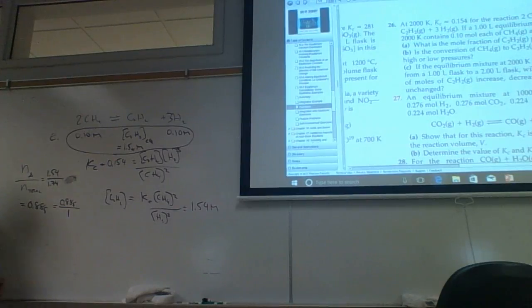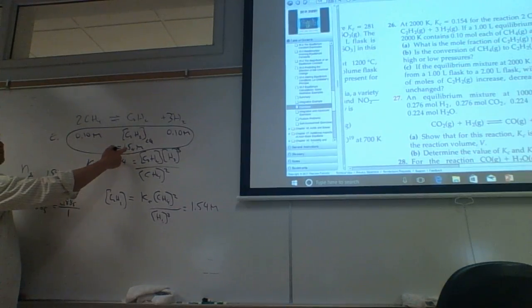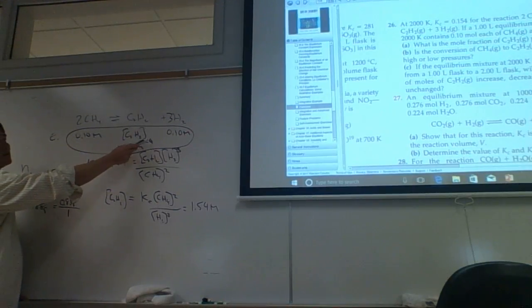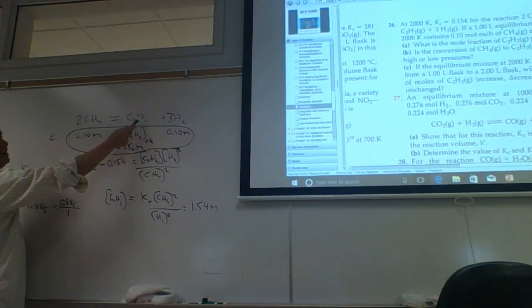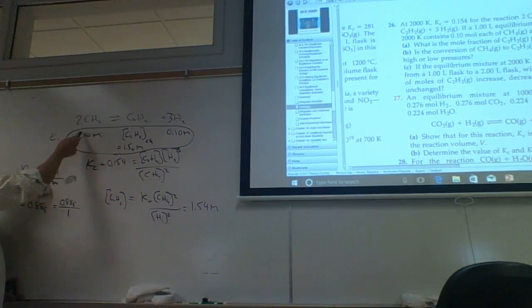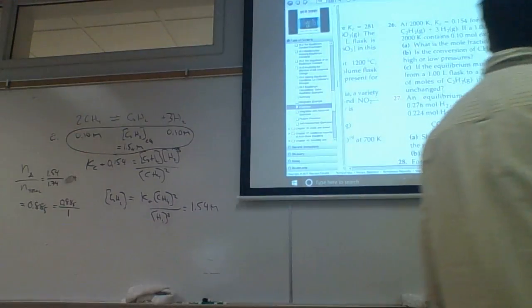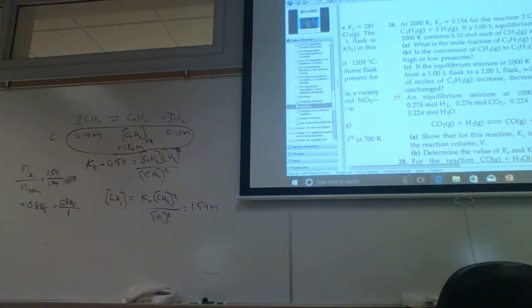High pressures will shift it to the left. Low pressures should shift it to the right. Low pressure is going to favor the side with more moles of gas. We got 4 moles of gas on the right, 2 moles of gas on the left. And so the conversion is going to be favored at low pressures.